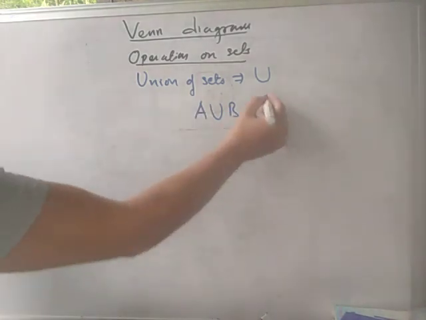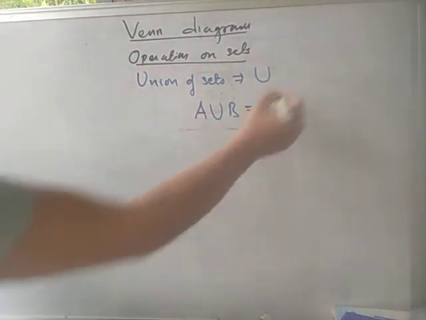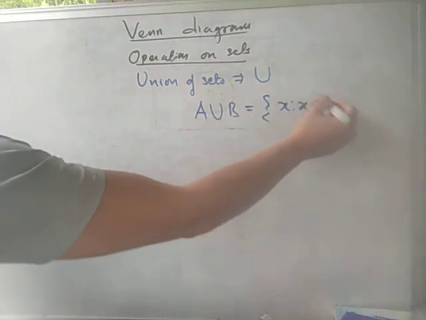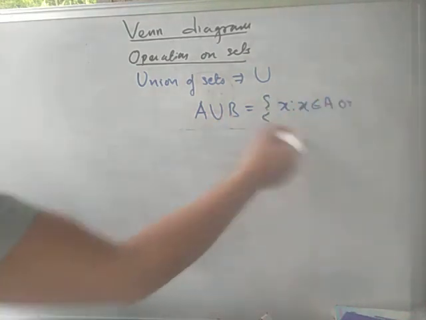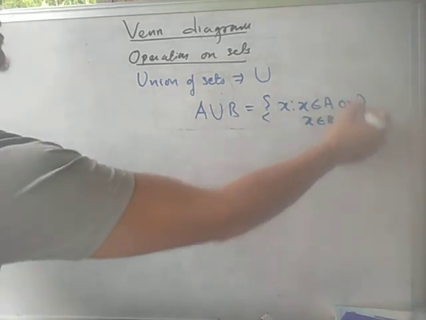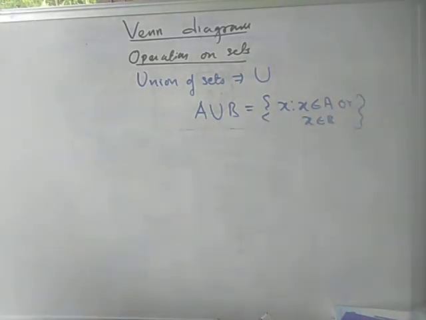This is the set of x such that x belongs to A or x belongs to B. This is your union. The example is there in your book, just go through it and you will understand.